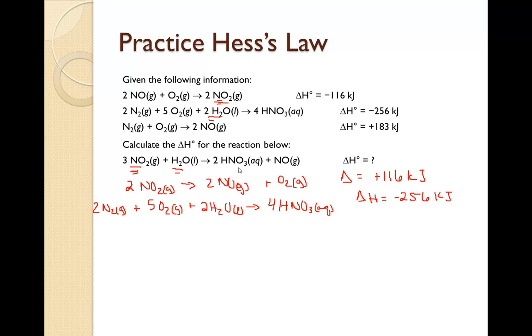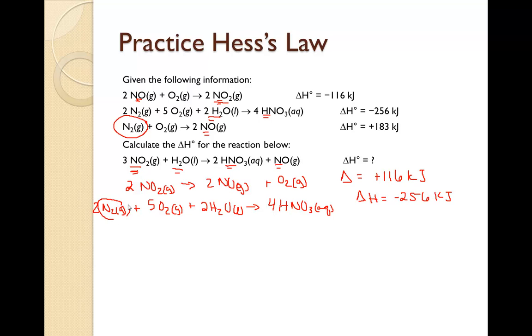HNO3, we have 4 HNO3s on the right on this one, and that's the only place you find HNO3, so that's fine. Then NO, we have NO here, and we have NO here. So let's explore the reasons why we would have NO in two different locations. You'll notice that this also has an N2 involved. Well, there's no N2 in the final reaction, but there is an N2 here.